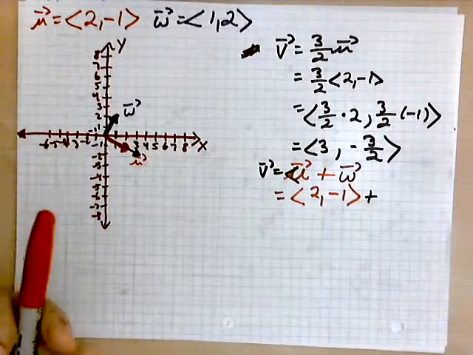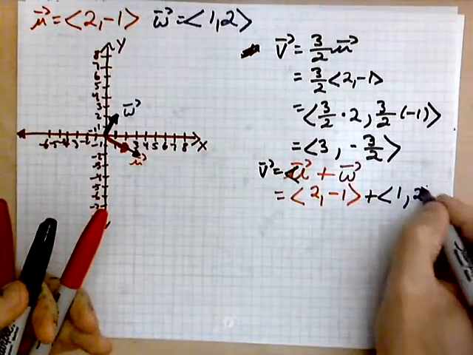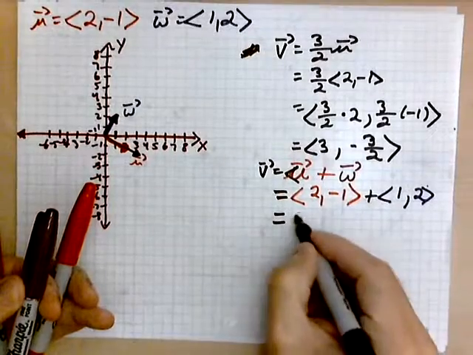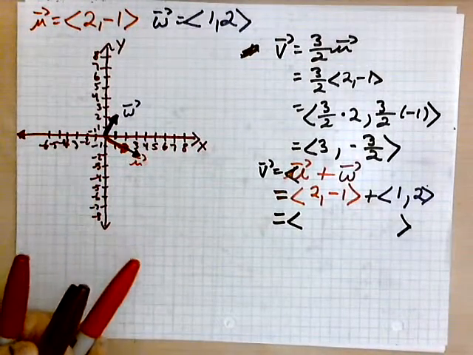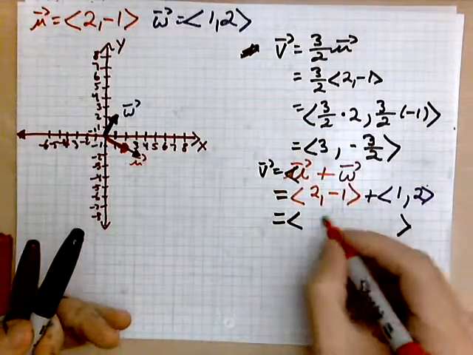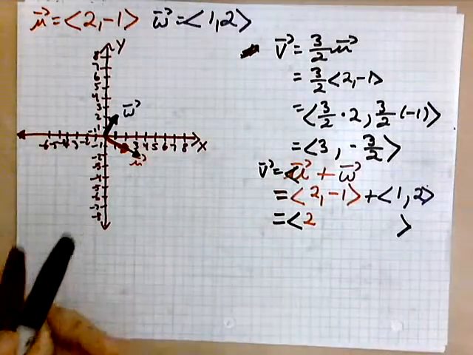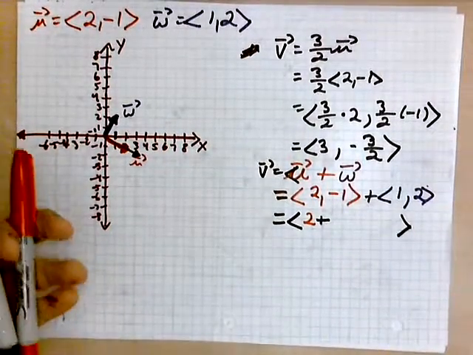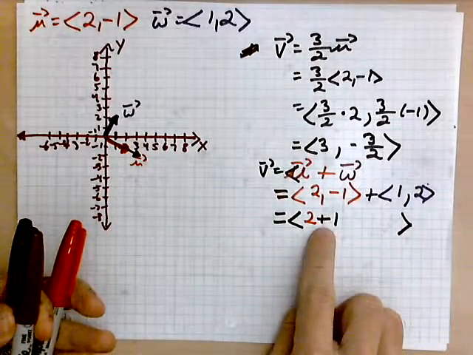So w, of course, is 1, 2. So the next step, we combine the x components and the y components. So we have the following: 2 from the red vector from u, and to it we will add the 1 from w. So it looks like this.